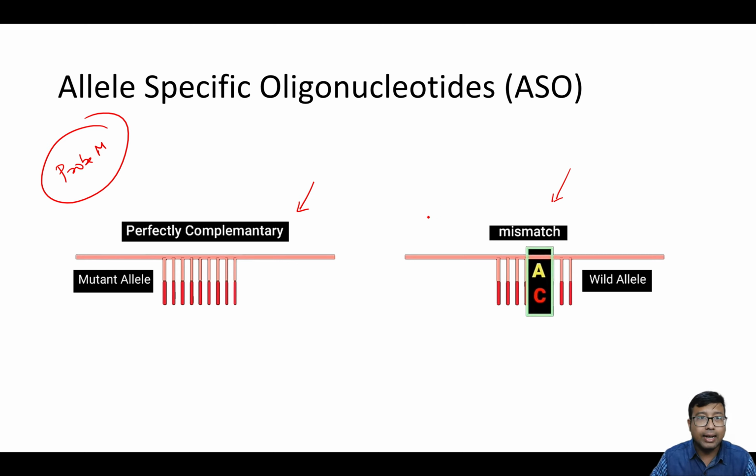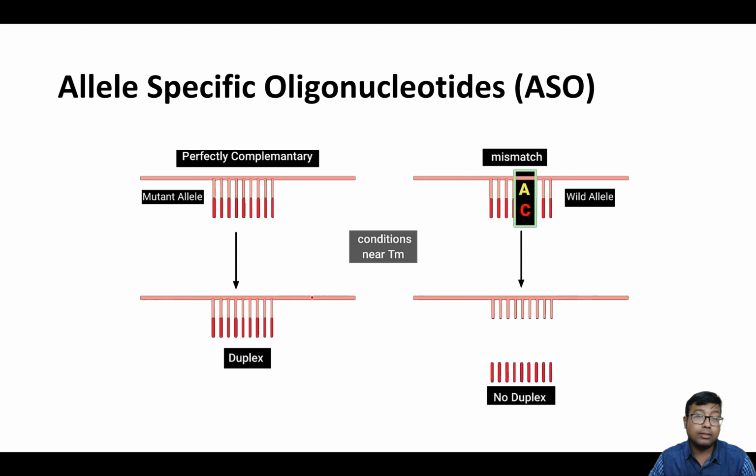Then the DNA heteroduplexes that are perfectly complementary, in the case of the mutant allele, will still remain intact. For example, here we are showing the rise in temperature near the melting temperature. So if we are reading the observations with probe M exposure, the duplexes are still intact.